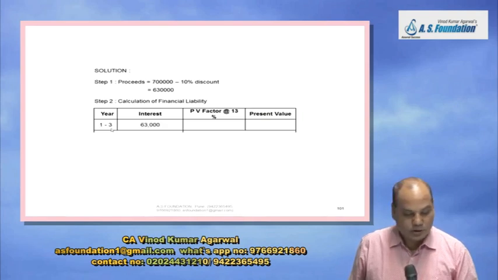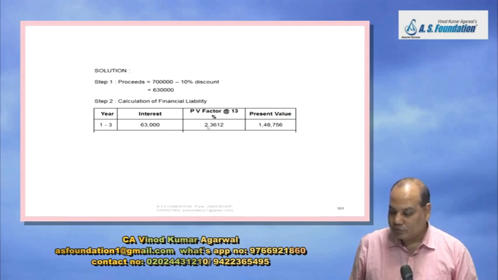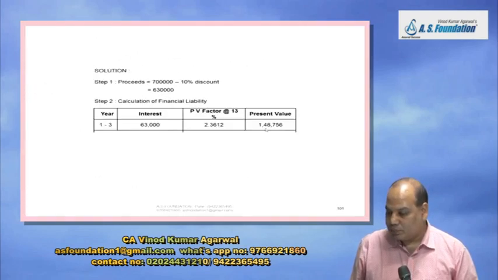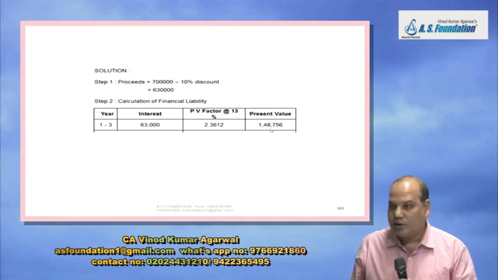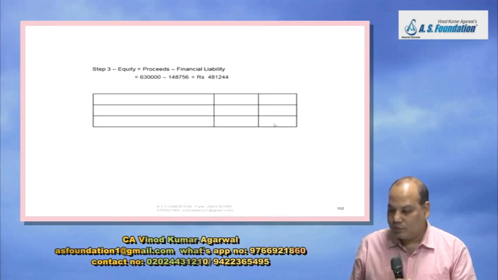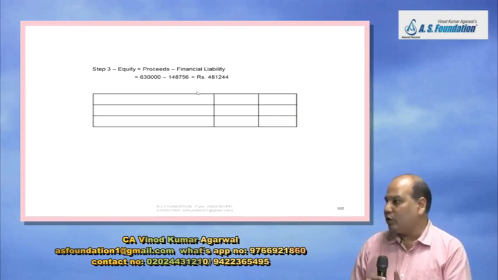Then what is this 63,000? 9% of 7 lakh, not 9% of 6,30,000. Then this is 2.3612. Just check, is it right? And present value is approximately 148,756. This is the liability. So what is the remaining amount? 481,244 is equity. Are you getting it?